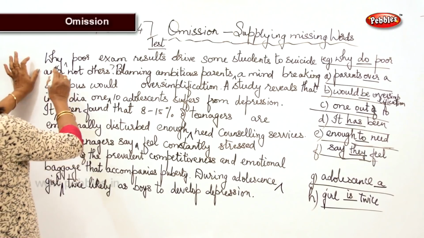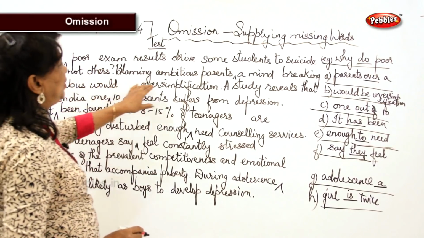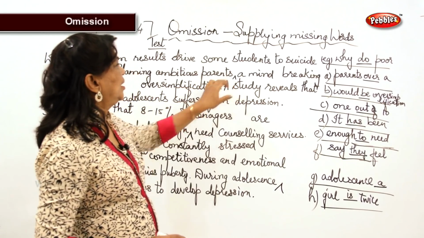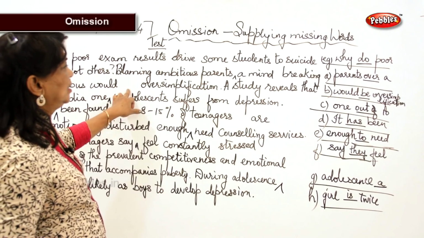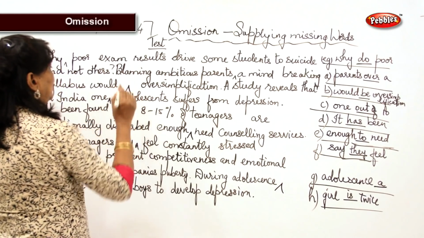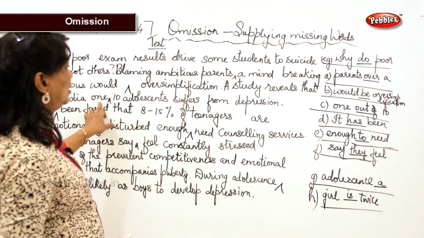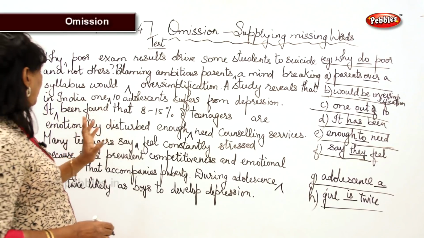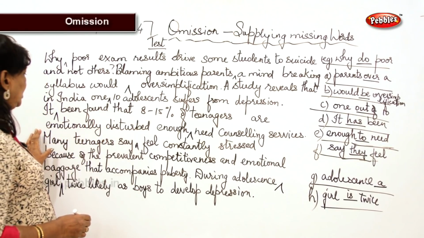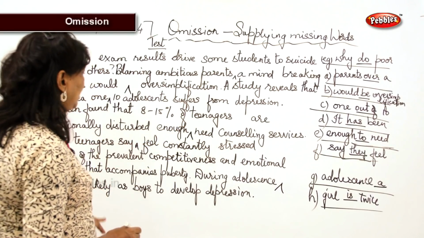Okay. So, first line, why do and not others, blaming parents. After parents you have the next word, syllabus, would be. Here is the next word. A study reveals that in India 1 out of, okay, here is it has been found, are emotionally disturbed enough to need counseling.